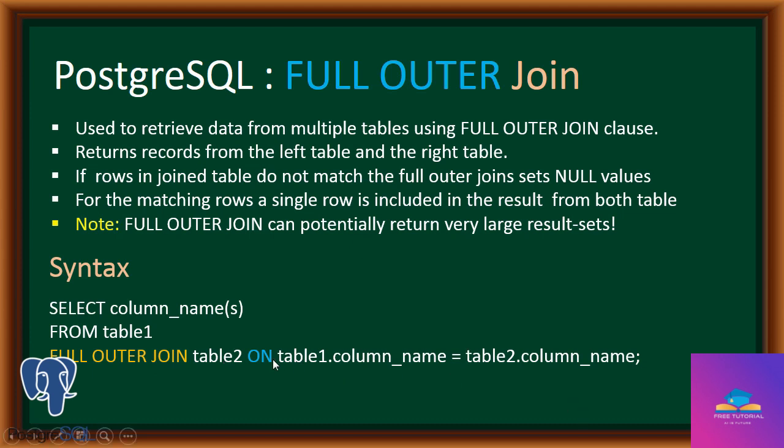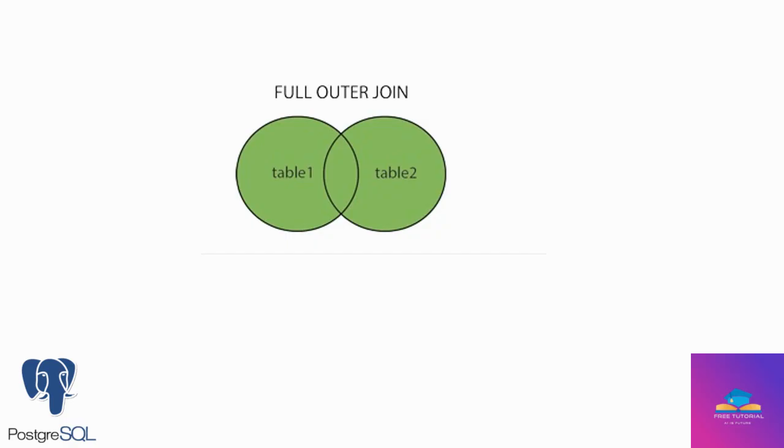And obviously you need the on keyword, and then you select the column name from the first table that will match the column name from the second table. This is just an illustration of what the full outer join looks like. So it populates both tables with data.